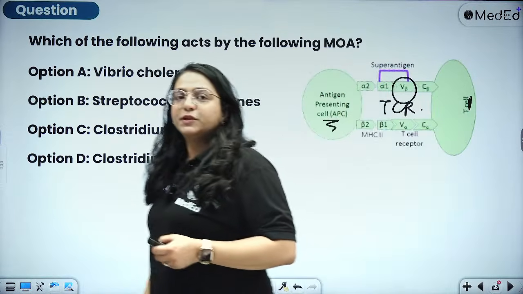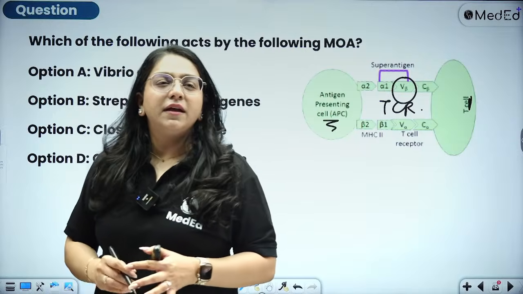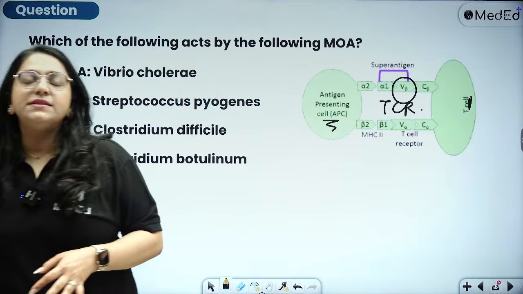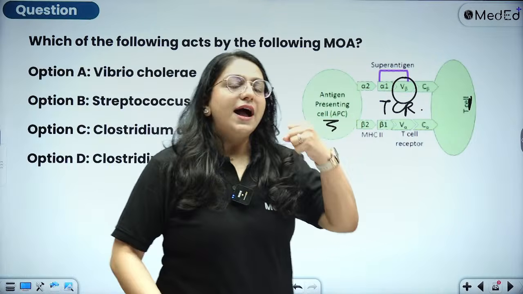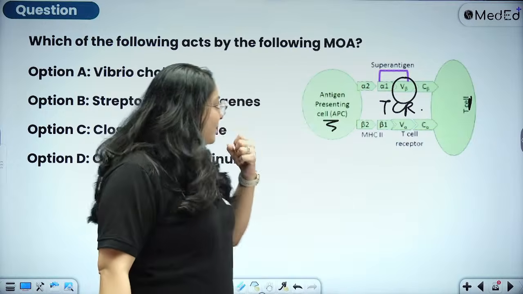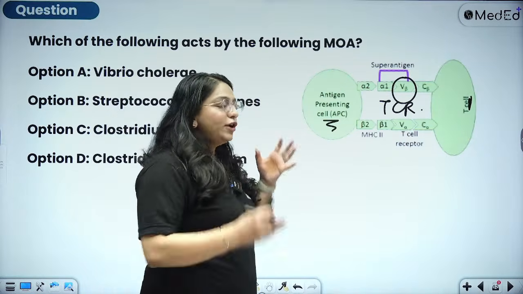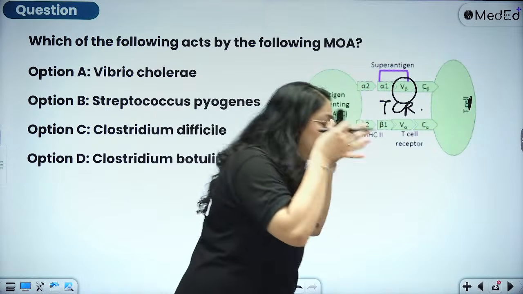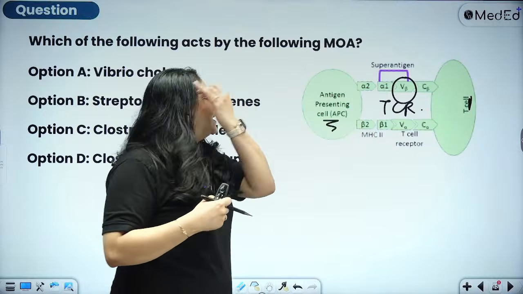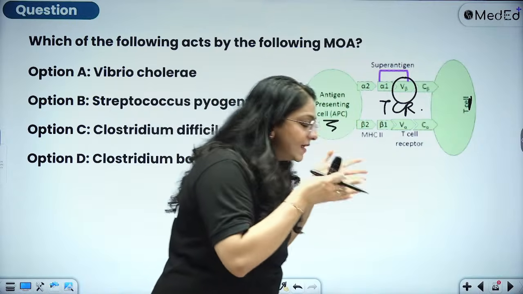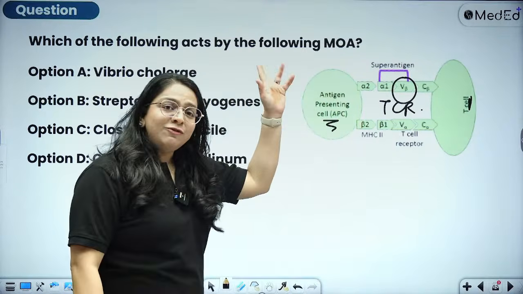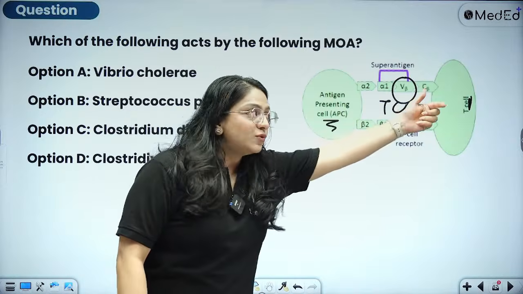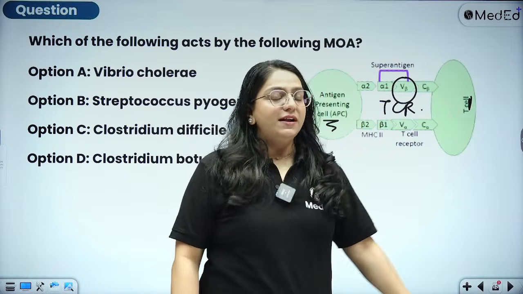So normally what happens? This is an antigen. I am the antigen presenting cell. I am going to show the antigen, if my head is the antigen, to the T cell like this. But what will happen if my finger from the side only pokes the T cell?